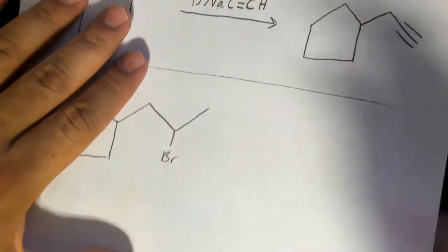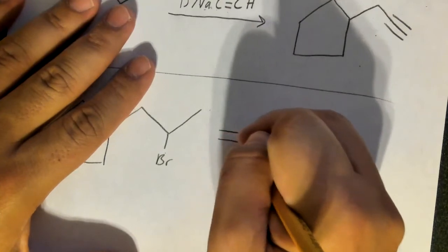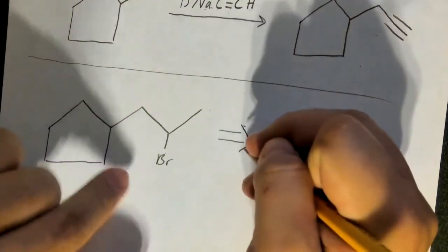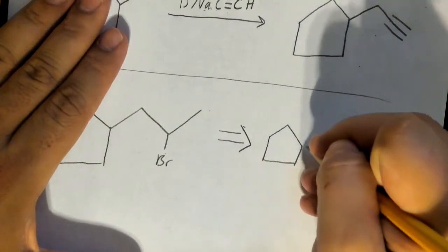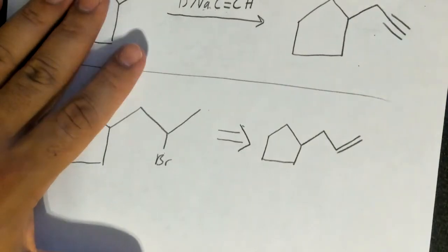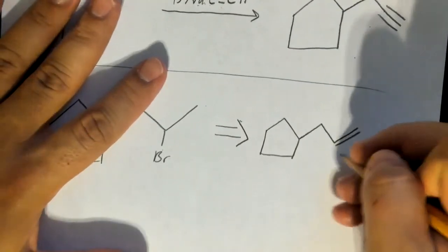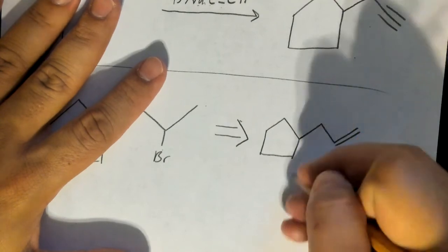So we want, now this is where I'm going to use that backwards, or that double arrow again, because remember, this is actually a product that we're trying to get. And a very likely way that we can make this is from a double bonded carbon by adding hydrogen bromide to it, HBr.